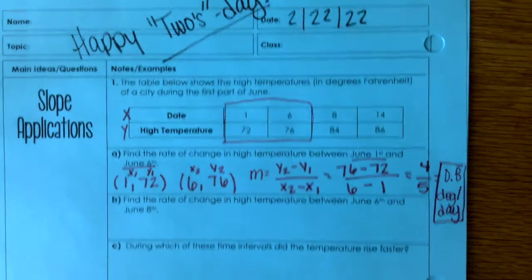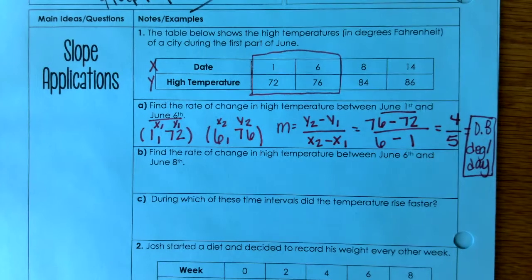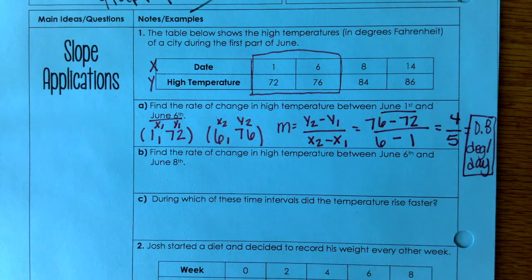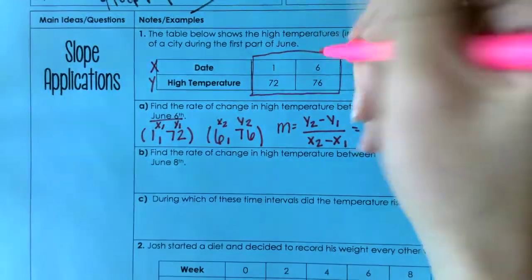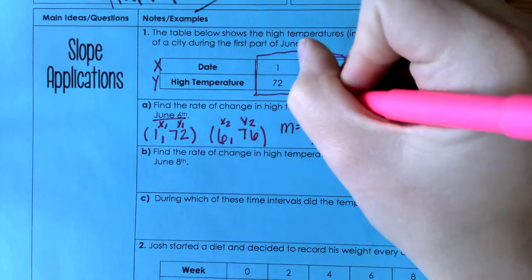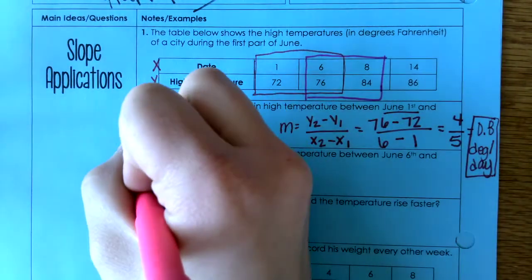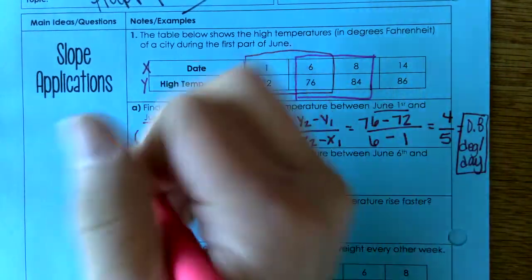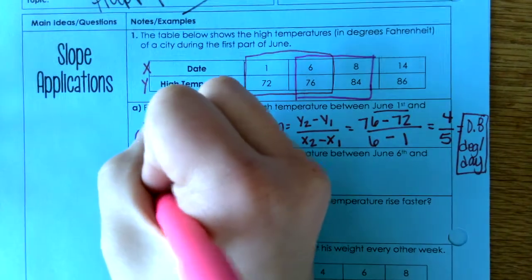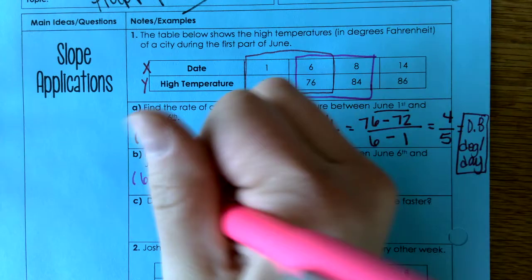Then if we look at the next problem, it says find the rate of change in the temperature between June 6th and June 8th. So now I'm going to be looking at this temperature change from June 6th to June 8th. So that would be those points right there. I am now going to have 6,76. And I'm going to have 8,84.